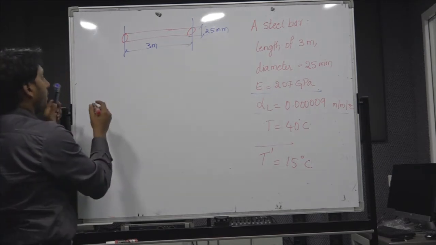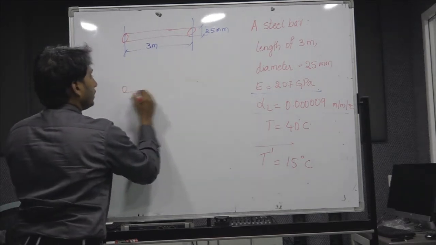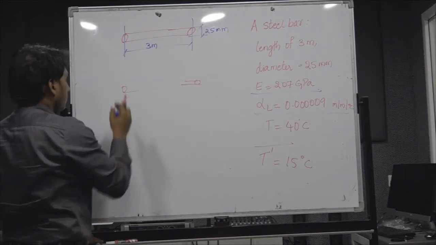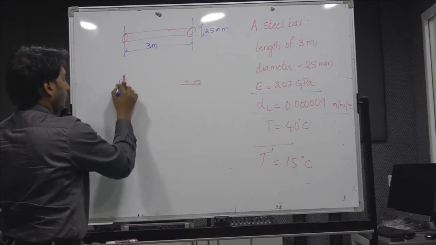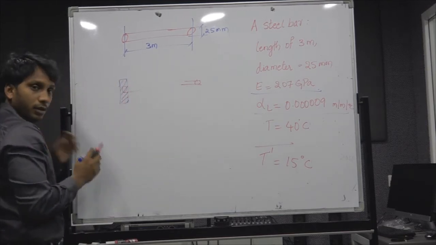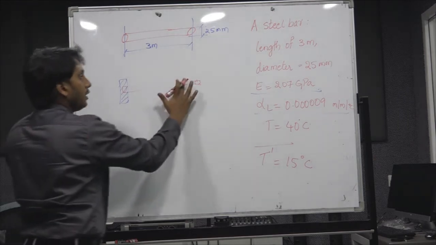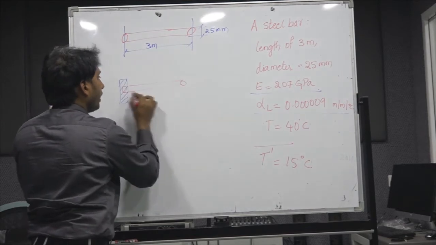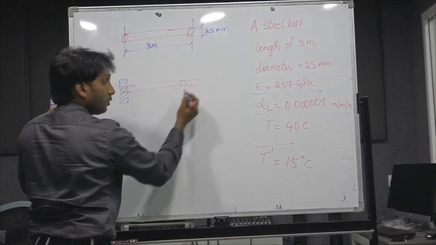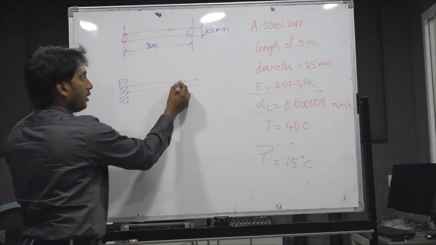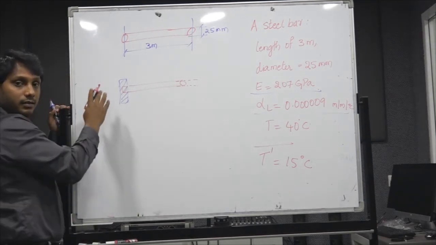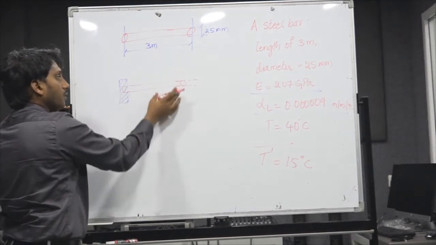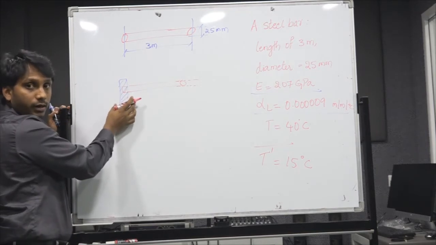If you have a material like this, fixed only at one end, and there is an increase or decrease in temperature, the material has the freedom to extend, elongate or contract. That can happen only when the material is fixed at one end.